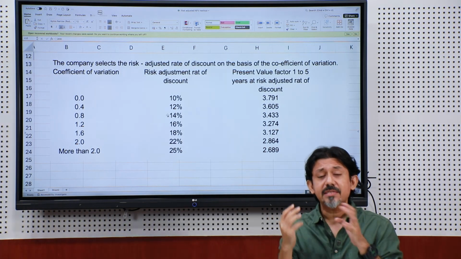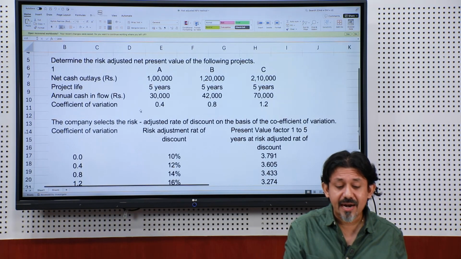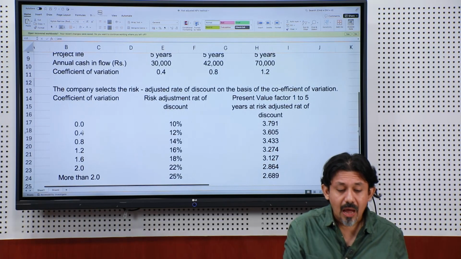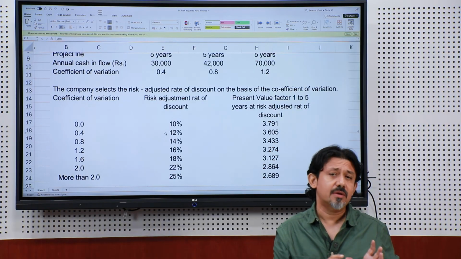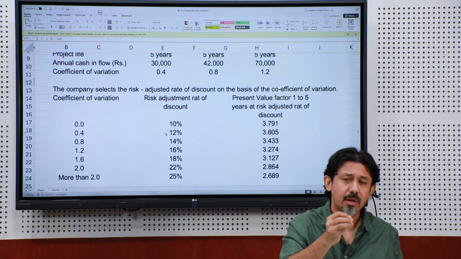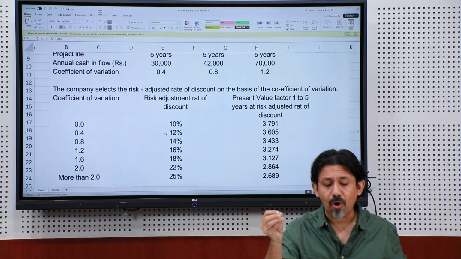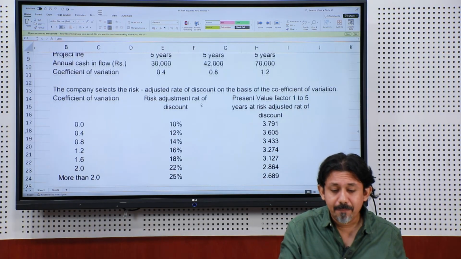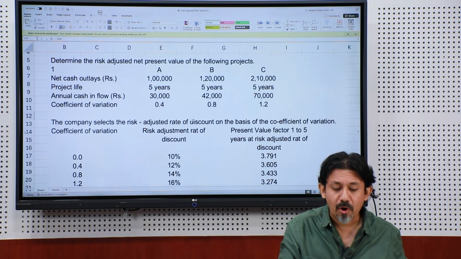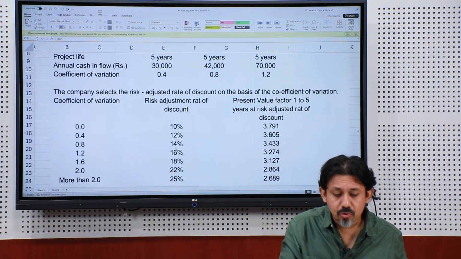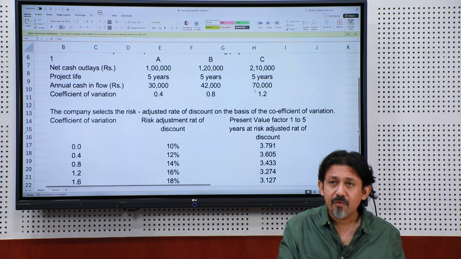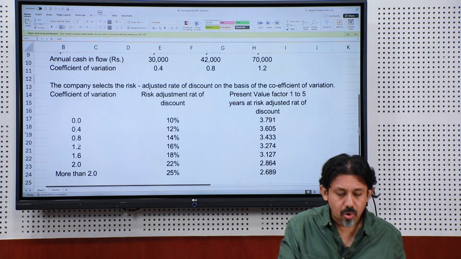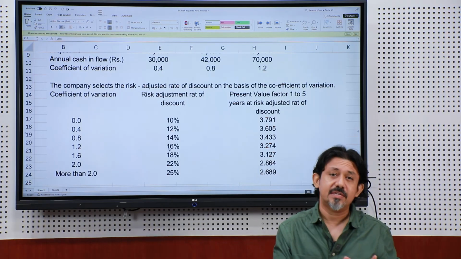Hence, project A which had a CV of 0.4 will be discounted at 12% because the company's policy says that projects with a risk of 0.4 get discounted at a rate of 12%. Project B which has a CV of 0.8 correlates to a discount rate of 14% and project C with a CV of 1.2 correlates to a discount rate of 16%.